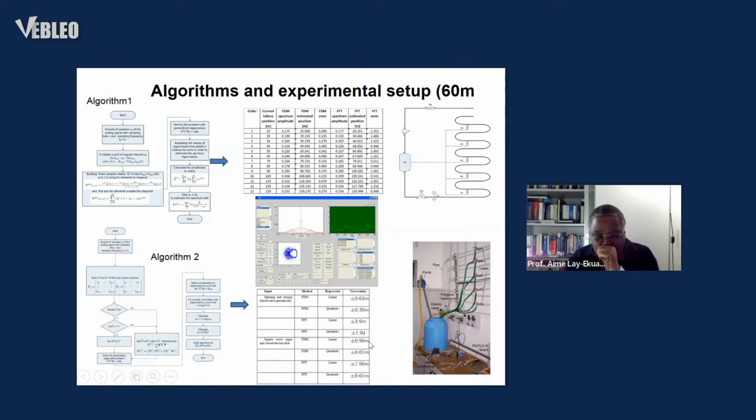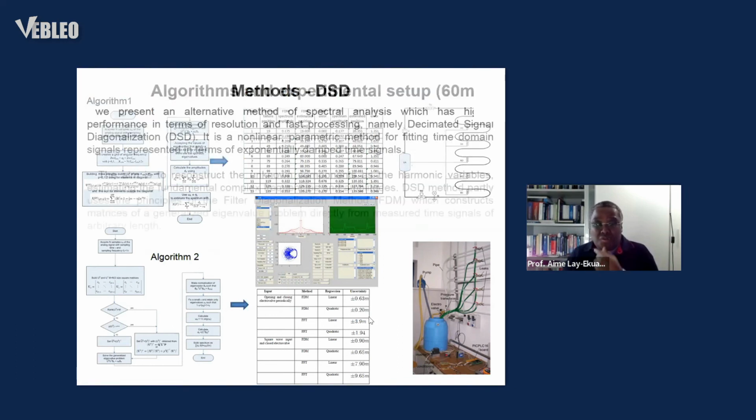So for every 1 meter of FDM uncertainty, we have 8 meters of FFT uncertainty. So this is very, very clear. As I told you before, it is a question of resolution.